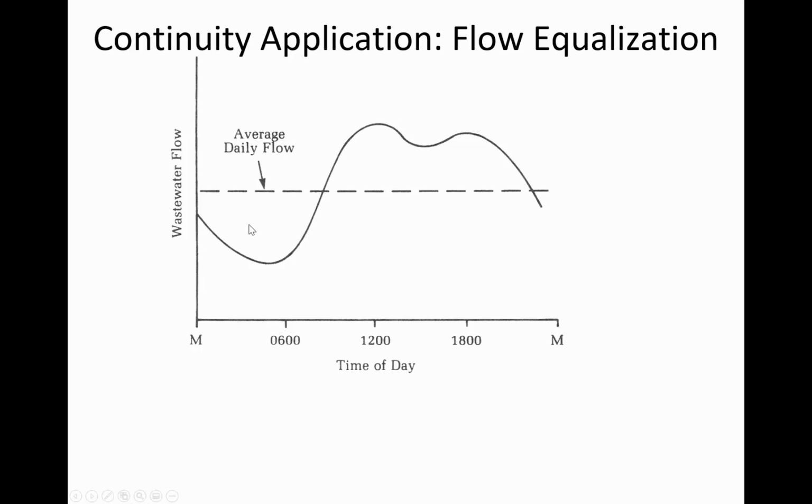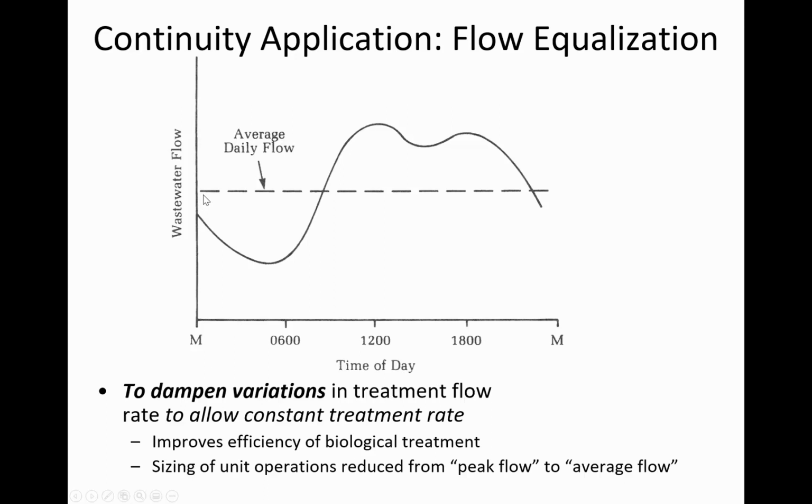If you have a big storage tank, then it could tamp out the variations and allow you to meter the average daily flow to the treatment plant, and it would improve the efficiency of the biological reaction. So this is just one application. Flow equalization would allow you to reduce the variation and improve the biological efficiency of the treatment plant. It turns the peak flows and the minimum flows into more of an average daily flow.